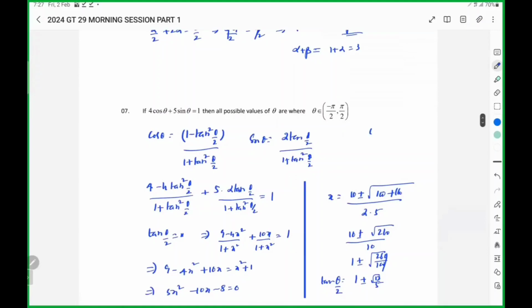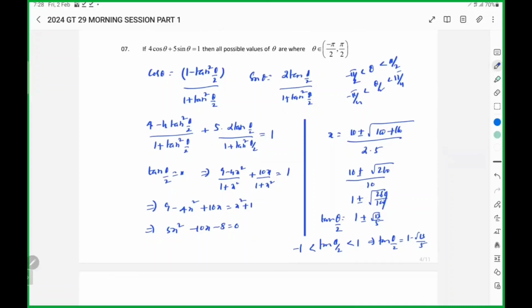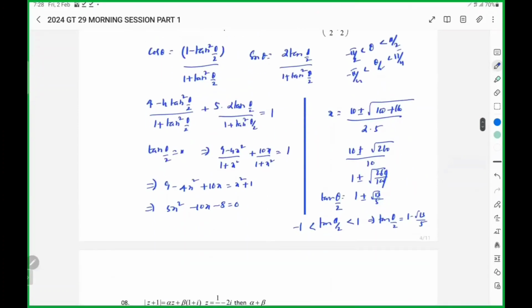But theta lies between minus pi by 2 and pi by 2, so theta by 2 lies between these. So tan theta by 2 must lie between, which implies 1 plus is not possible. 1 minus root 13 by 5 is less than 1, the other will be greater than 1. So there is only one possible value in the interval.